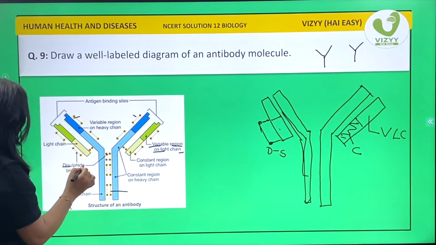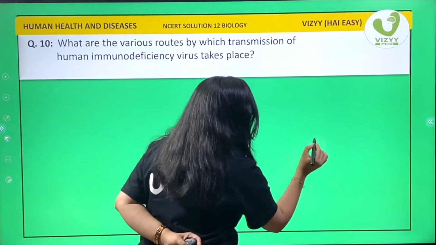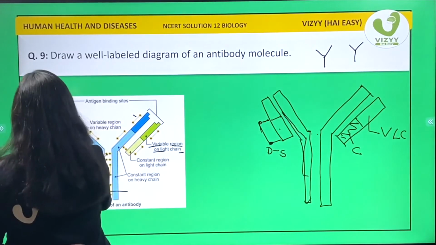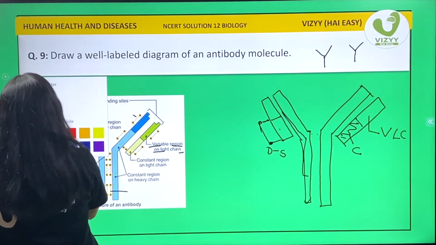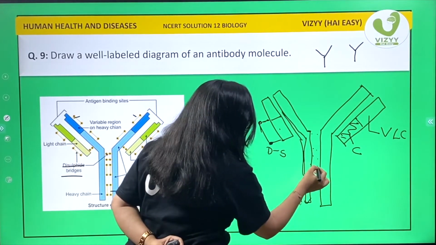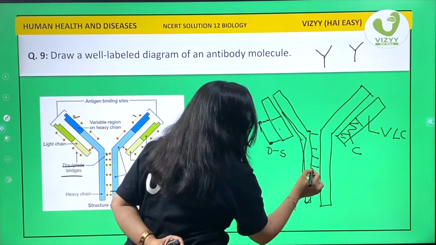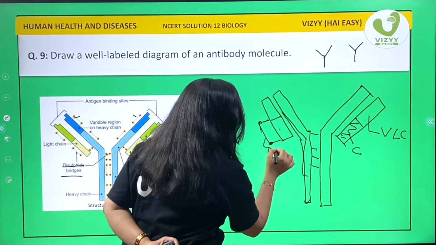What? This is a disulfide bridge, and you will find that where? Inside over here like this. So these are disulfide bridges.